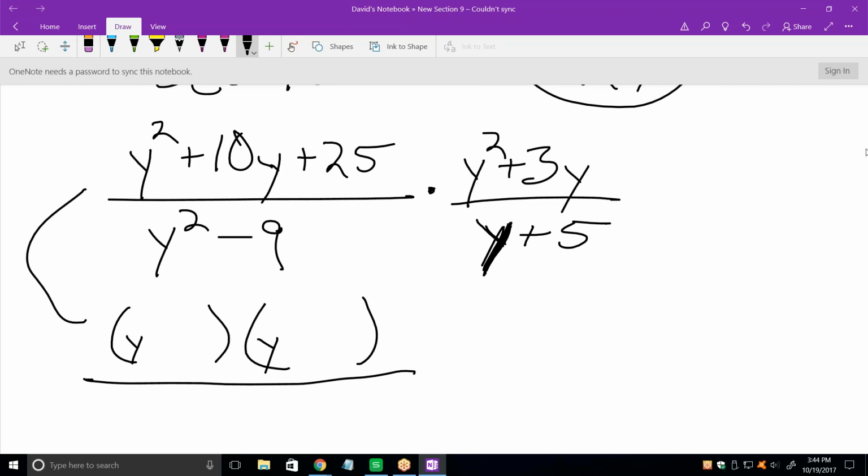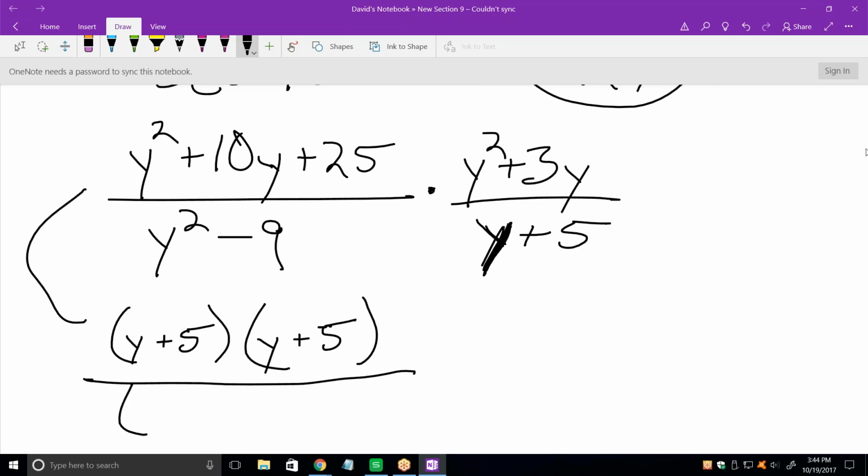No. Our first thing is to split the y's up, just like if it was x, we'd be splitting it up into x and x. What do both signs have to be? Plus or minus? Both have to be plus. And you're right, it's 5 and 5. So that's how the top left factors.